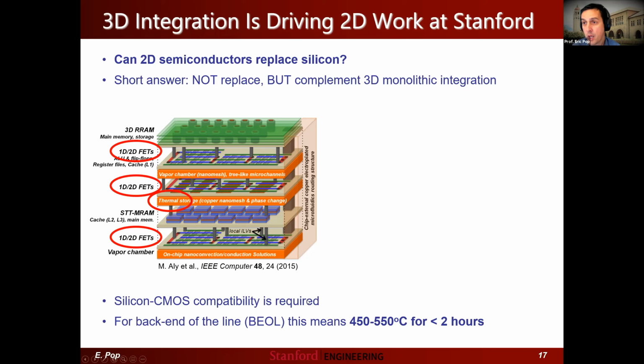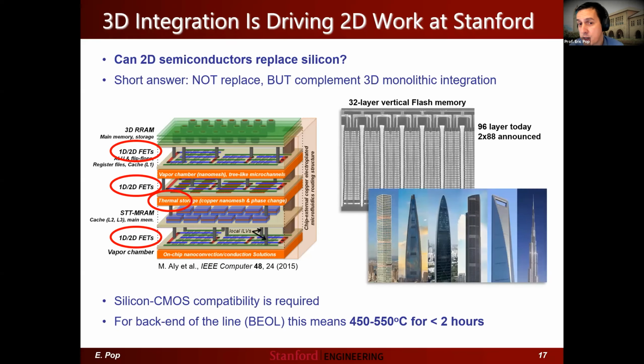This means that you have to be able to do this at temperatures below about 500 Celsius for about 2 hours. At least that's the current dogma. This is what we currently think about back end of the line silicon compatibility. And of course, some of the 2D materials cannot be grown below 500 Celsius, at least not yet. So layer transfers or low temperature growths become very important.